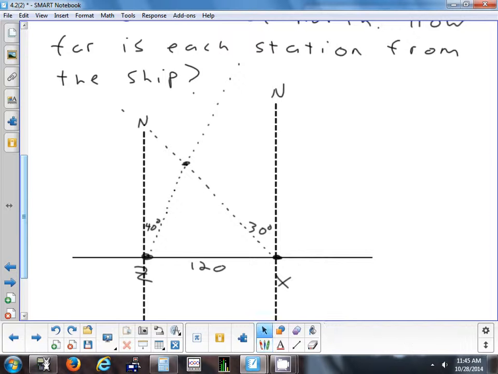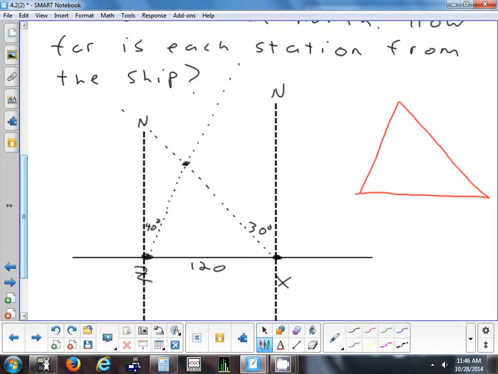All right, so let's take that and just make it into a triangle. Okay, so here's our triangle. How long is the bottom side in the triangle? Yep, 120. How about this angle? 50. Yeah, how do you know it's 50?